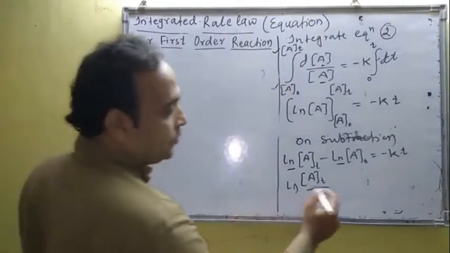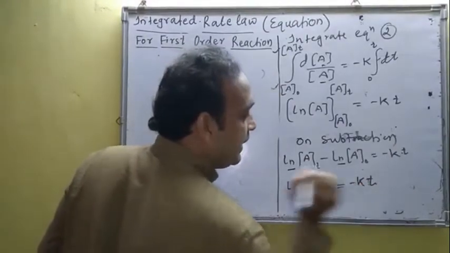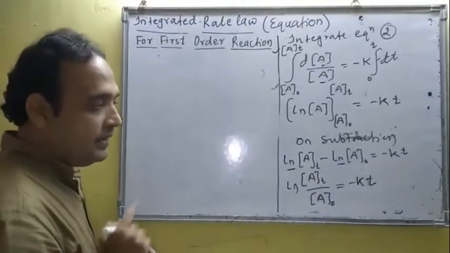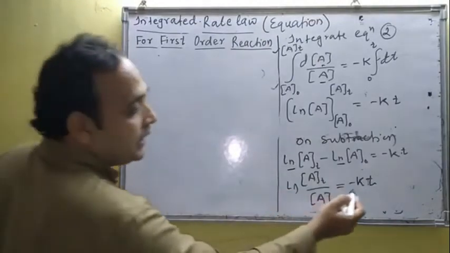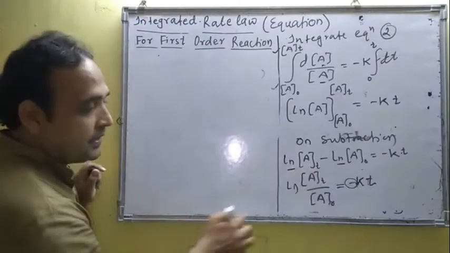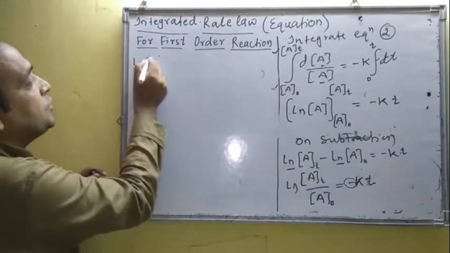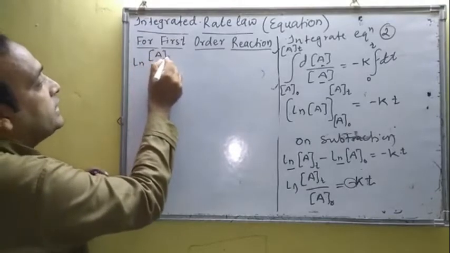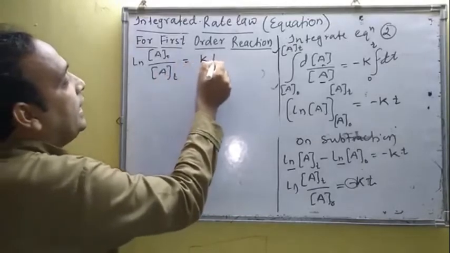Now here, natural log of At by A0 is equal to minus Kt. Now suppose I have to remove this minus sign. So take the reciprocal of this, meaning this becomes natural log of A0 by At is equal to Kt.